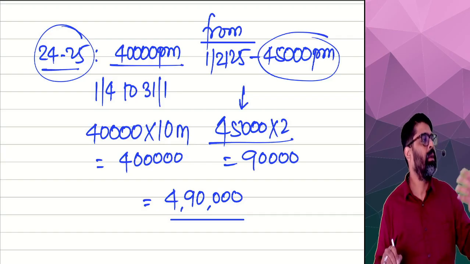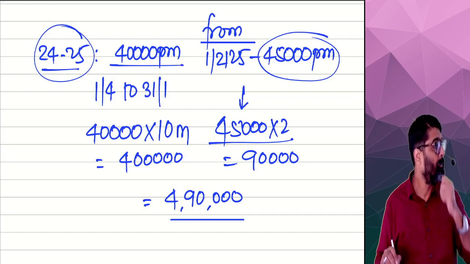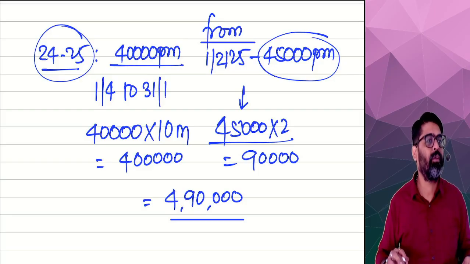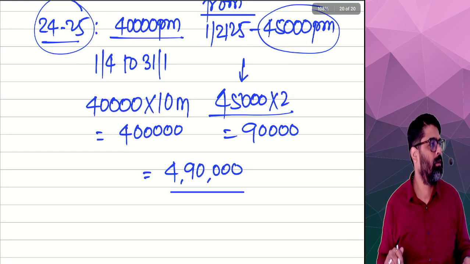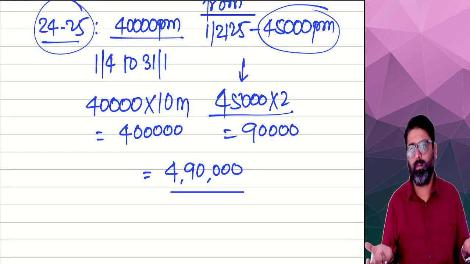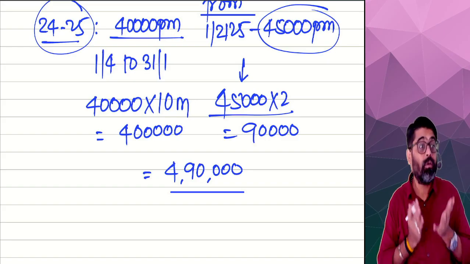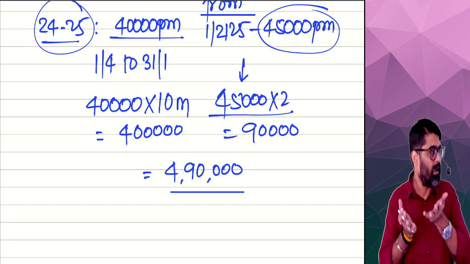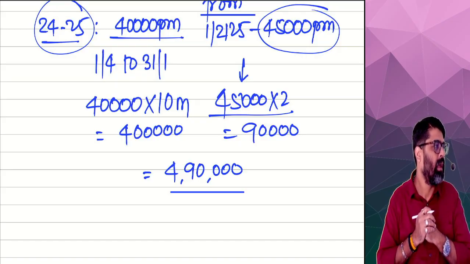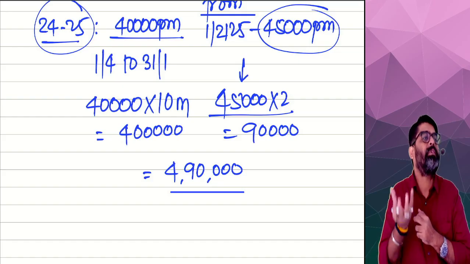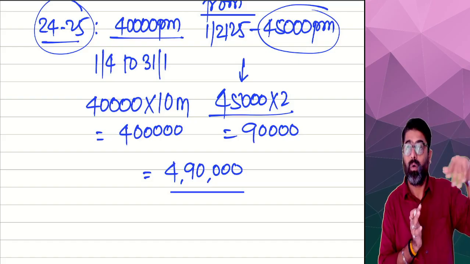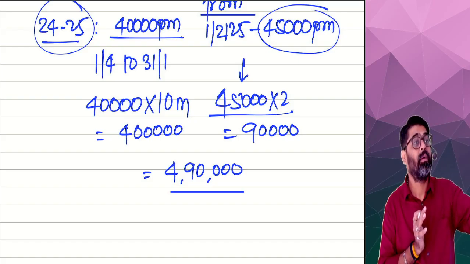But when the accounts department was processing your salary, the accounts department processed the salary for the last 2 months also at 40,000. Possible or not? There was an increment which happened from February, but because of some mistakes, the accounts department processed your salary at the old rate, meaning 40,000.